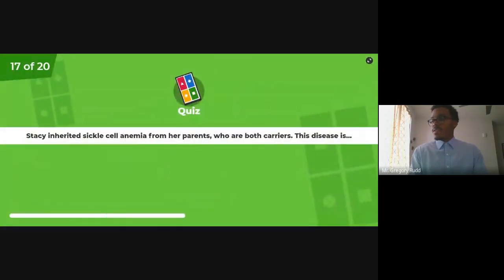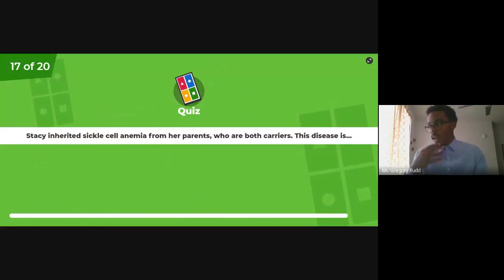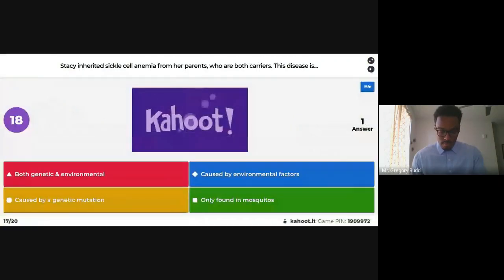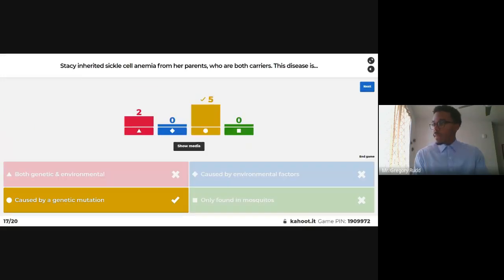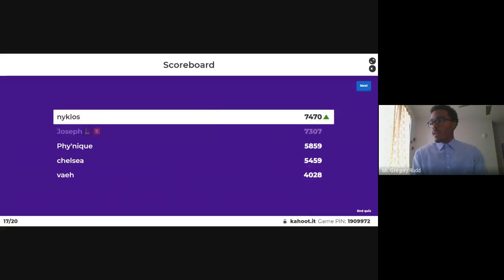Stacy inherited sickle cell anemia from her parents who are both carriers. This disease is caused by a genetic mutation. Excellent. We knew that because we saw the word carriers, and Nick finally takes over the lead from Joseph.